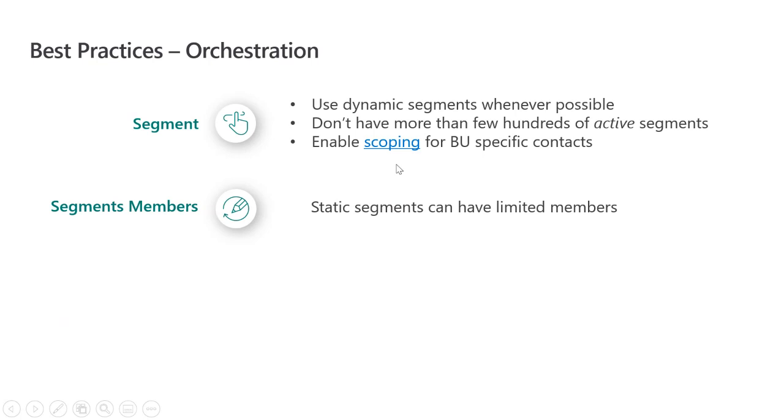By enabling this scoping feature, business unit scoped segments only contain contacts that belong to the same business unit as the segment owner, even if the segmentation criteria would otherwise find contacts belonging to all business units. It's just up to the owner of the segment, not just the segmentation criteria that we have.